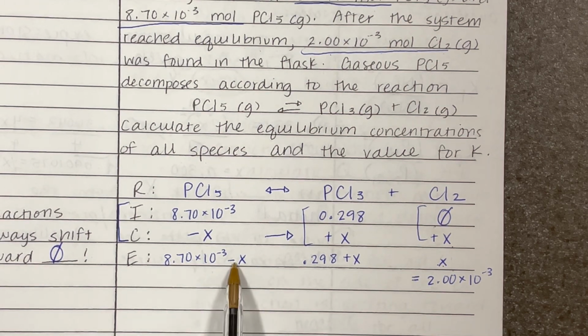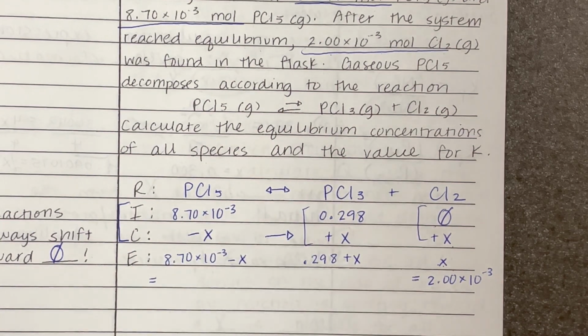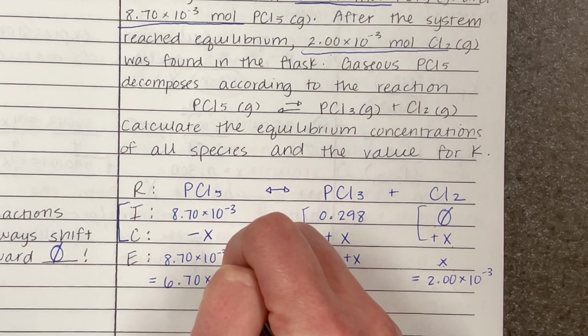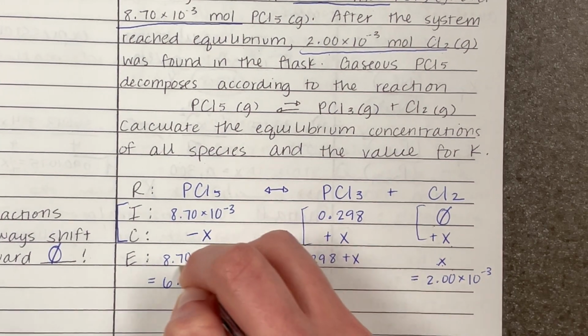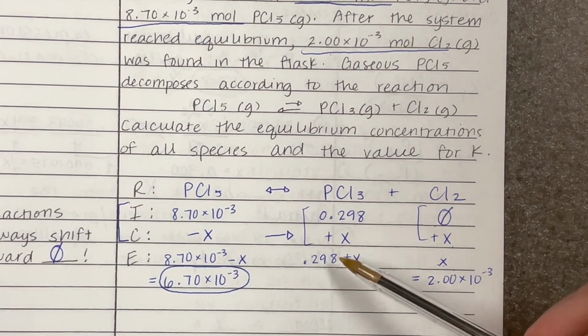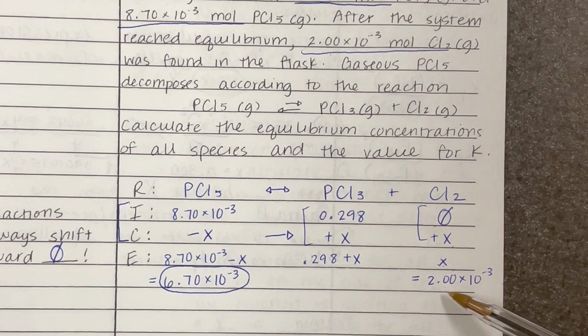So if I subtract 2 times 10 to the negative third from 8.7 times 10 to the negative third, then I get 6.7 times 10 to the negative third. So that's going to be my equilibrium concentration of PCl5. And if I add 2 times 10 to the negative third to 0.298, that's actually 0.002 in regular notation.